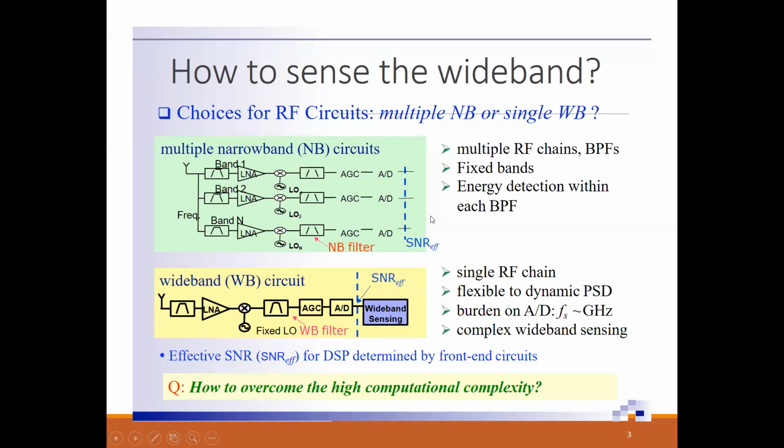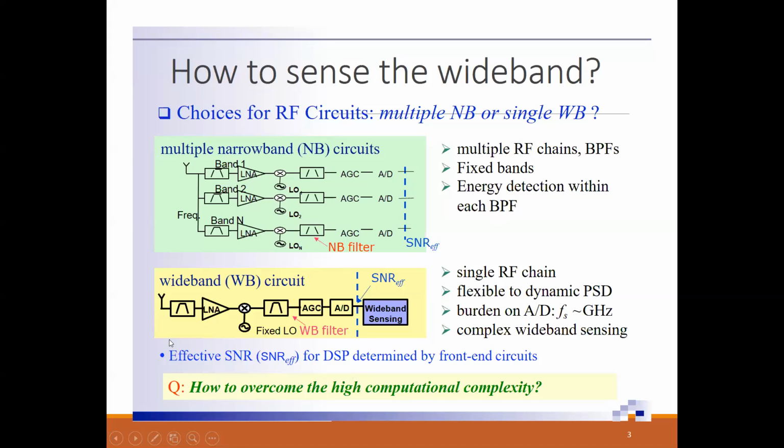So that is a problem in the fixed band. Of course, if you think to make it an adaptive band, that is again a more complex circuit. Making a tunable band pass filter at high frequency is really challenging. And again, you have to do the energy detection computation within each band pass filter.